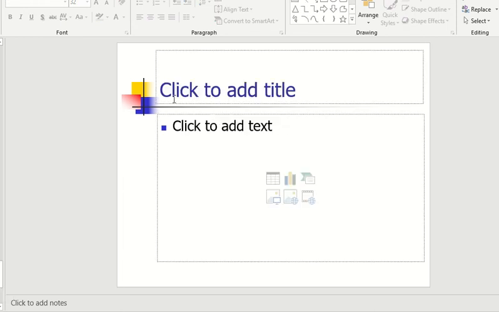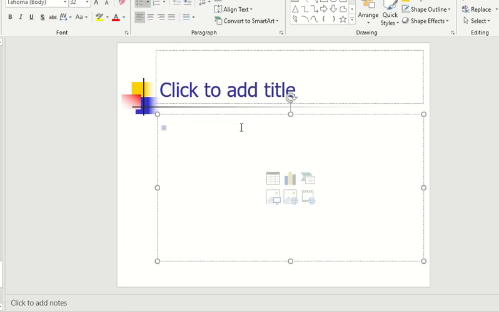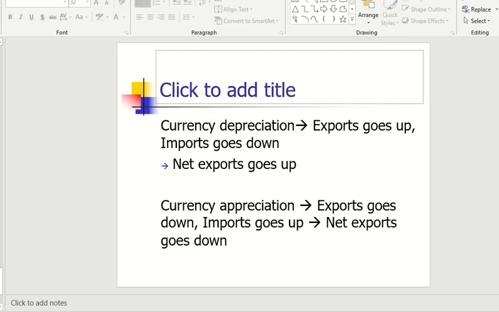So this is what is going to happen if a currency depreciates, which is the case that we have observed. Americans are going to be able to sell more to Japanese because Japanese now will find the goods cheaper. Okay? So exports of the United States go up.